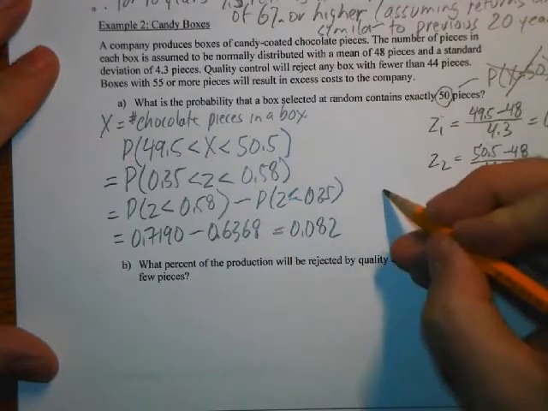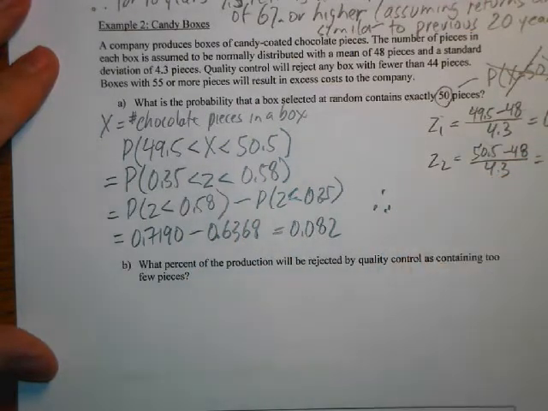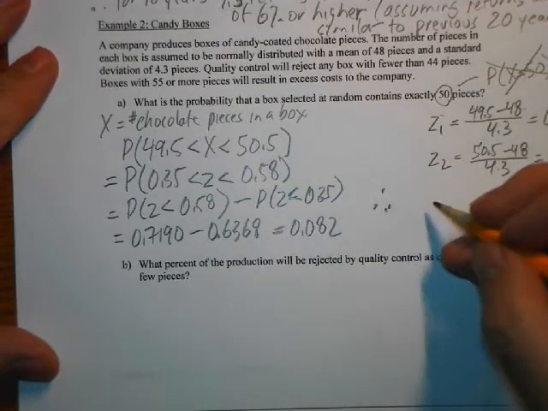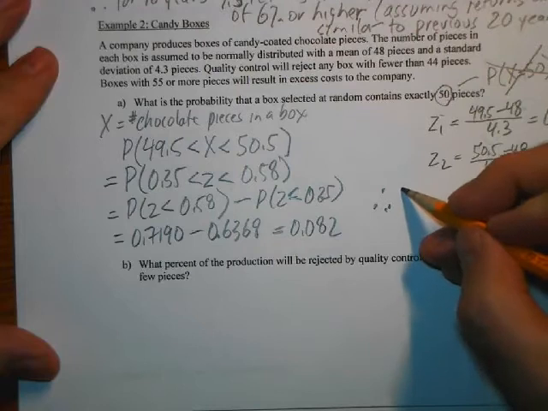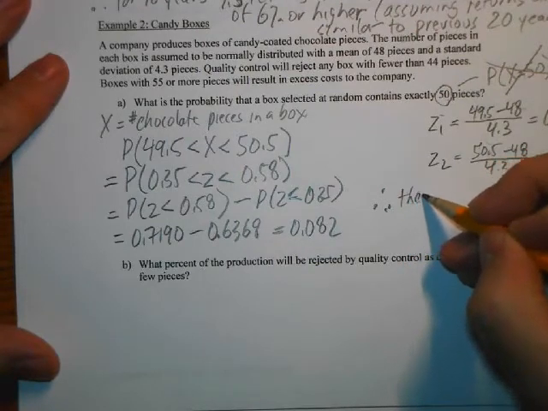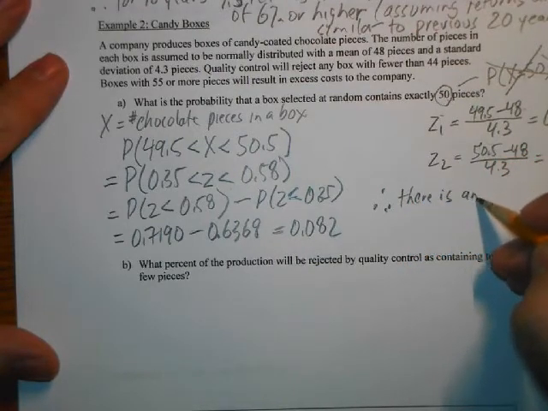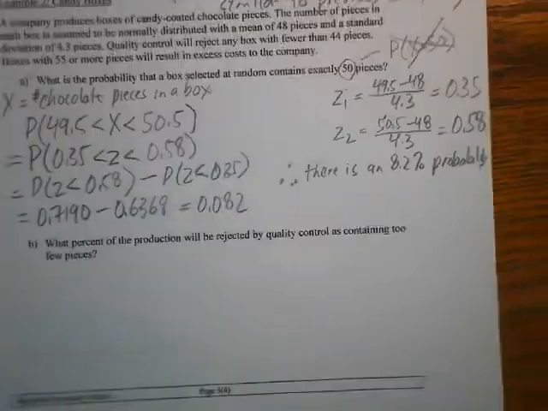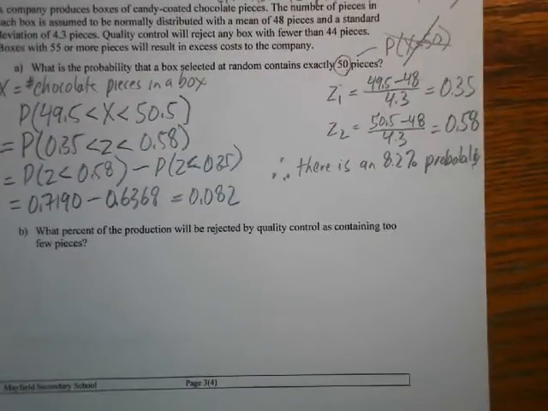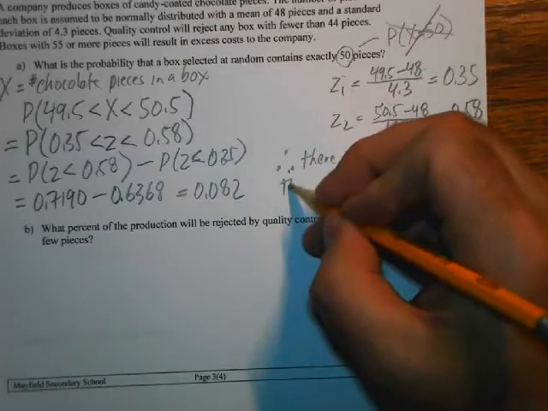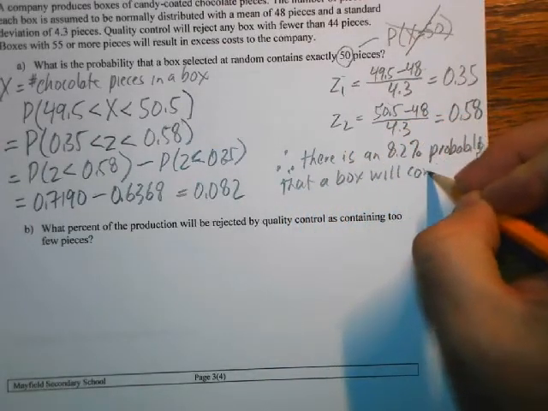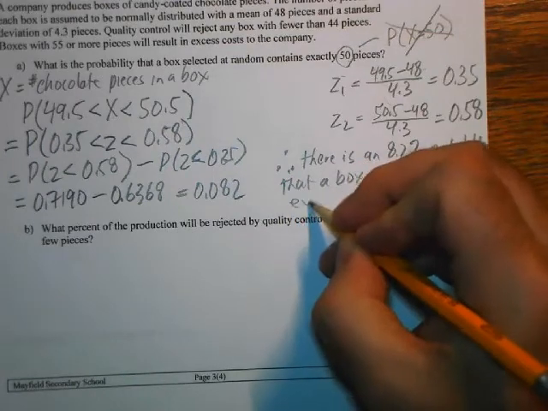So this is our first look at continuity correction. This tells us there is an 8.2% probability that a box will contain exactly 50 pieces.